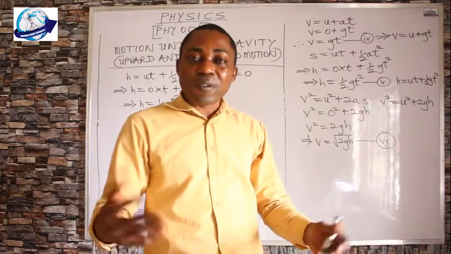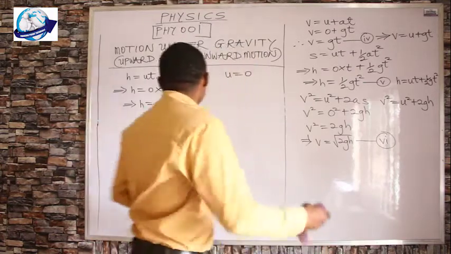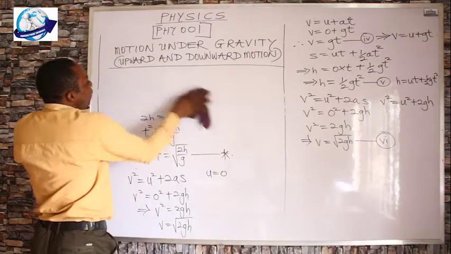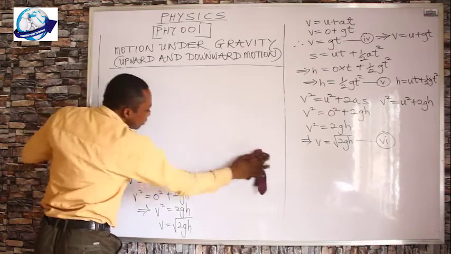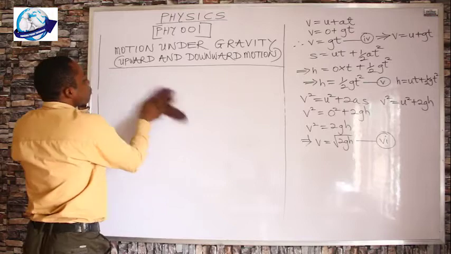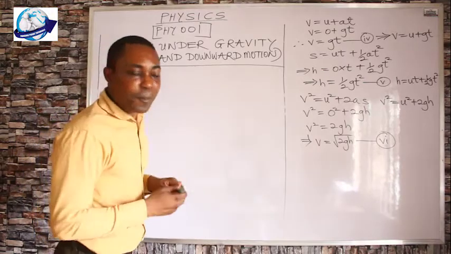And what are the conversions? Look at it very well. When you are converting velocity in kilometer per hour to meter per second, what you have to do is very simple. Look at it.